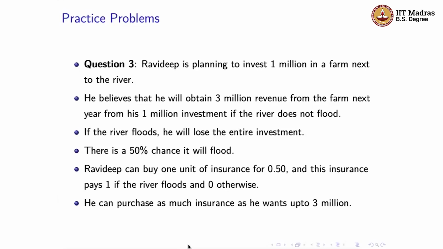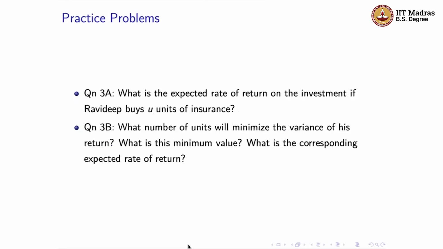For each unit of coverage of insurance that he is buying, he has to pay 0.50, and each unit of coverage pays 1 to him if the river floods and 0 otherwise, right? He can decide how many units he wants to purchase, and the maximum amount of insurance he can purchase is 3 million units. Okay, so this is the setup that we have, and we have to answer the following questions on the basis of this information.